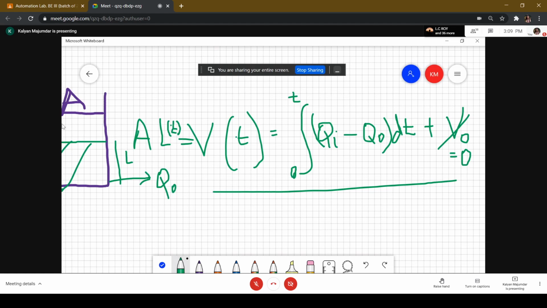So your tank basically, যেটা তোমার প্রসেস কন্ট্রোলের ভাষায় পড়ে বোধ হয় অলরেডি তোমরা পড়ে ফেলেছো, is an integrating process. So what it does is it takes an input Qi, it produces an output Q0, and then it integrates the difference of these two flow rates and produces the level of liquid inside the tank.